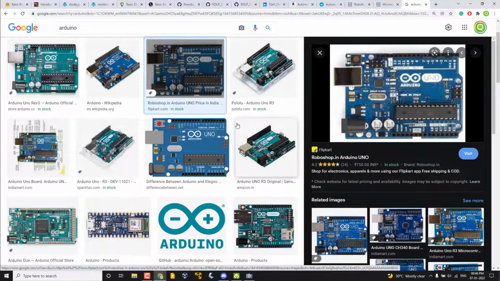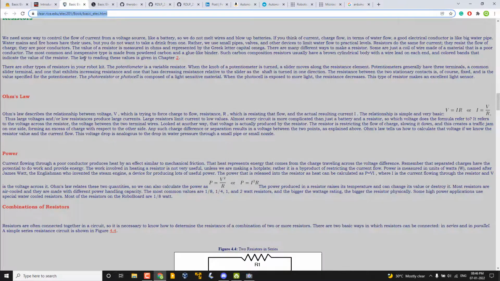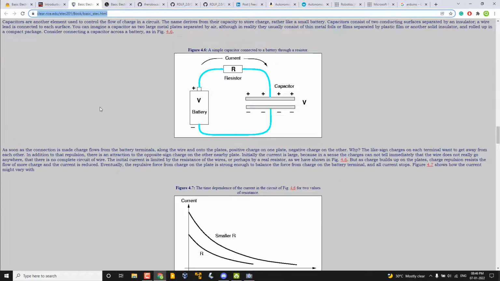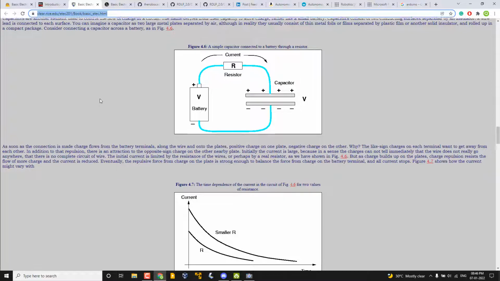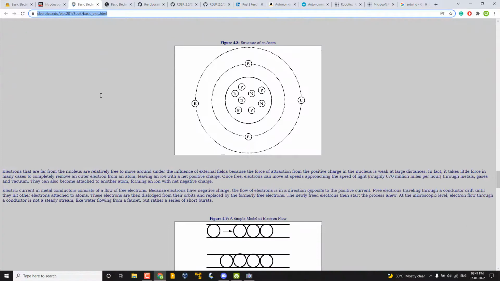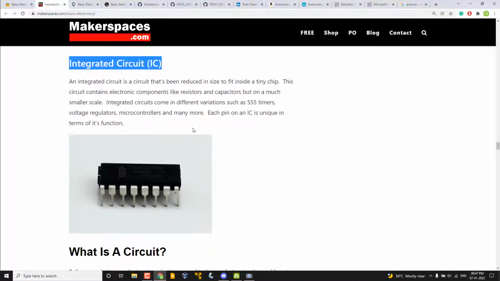We have many basic components. I just discussed that for basic understanding, and then we will be going to the integrated circuits. That is what we are going to discuss more, but understanding of this will be very, very helpful.